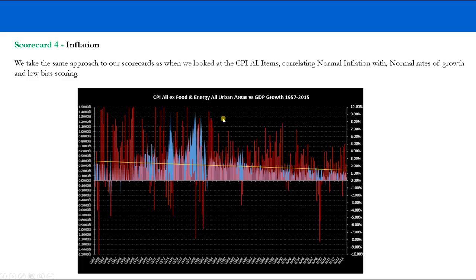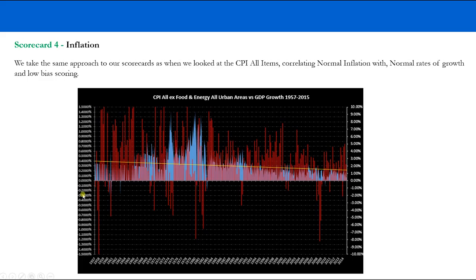And in extreme situations, we have real GDP growth in the red. In the extreme situations, we have high levels of CPI ex food and energy, around the 1% mark, which is equating to 6.5% real GDP growth. And the negative extremes are actually tighter and there's much less of them.